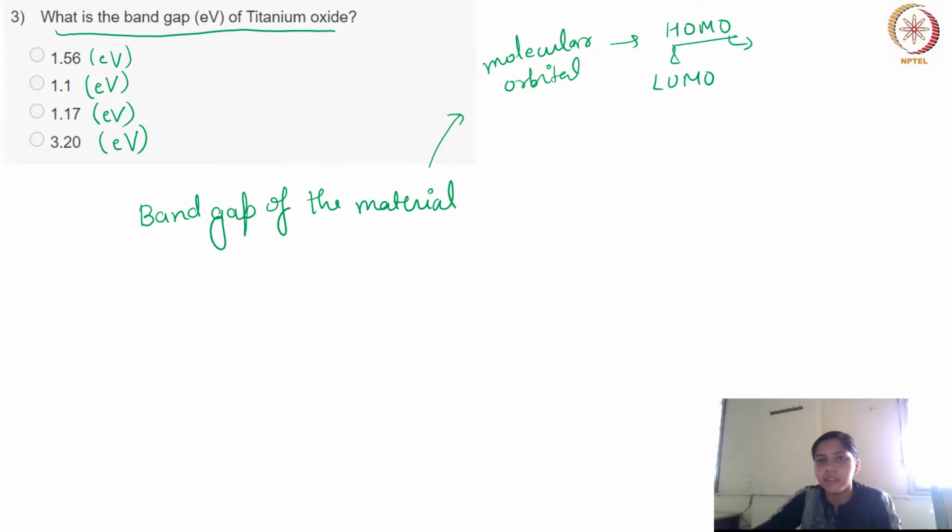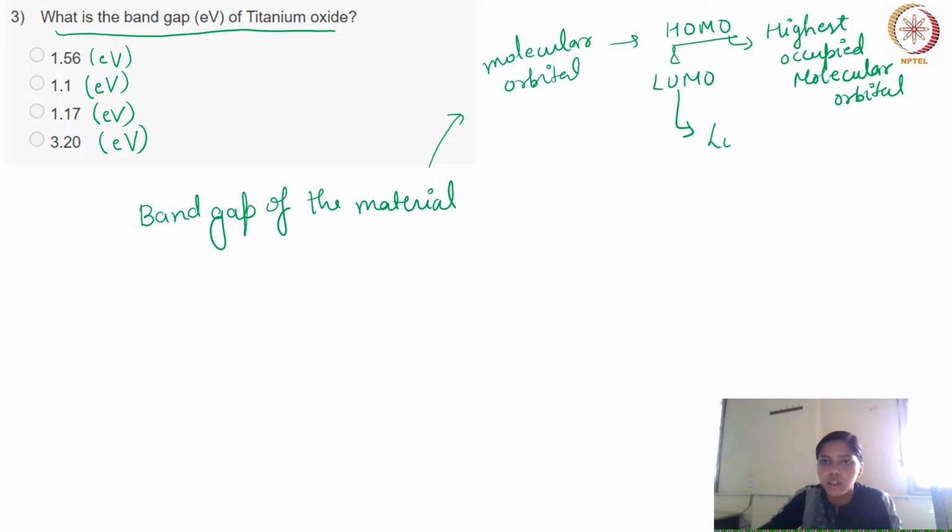HOMO is the highest occupied molecular orbital, and LUMO is the lowest unoccupied molecular orbital.